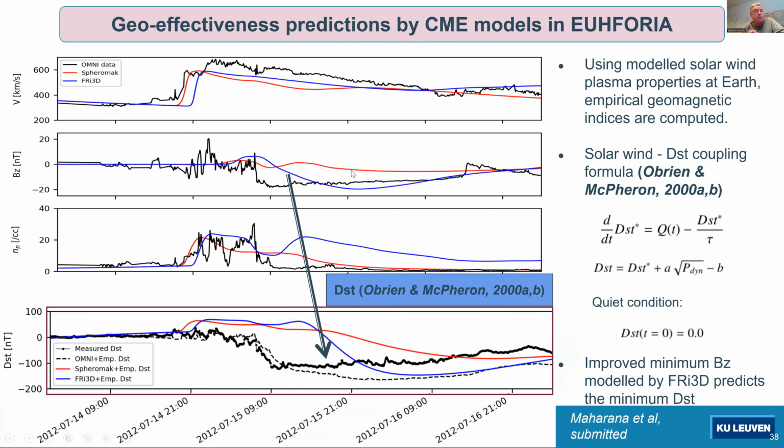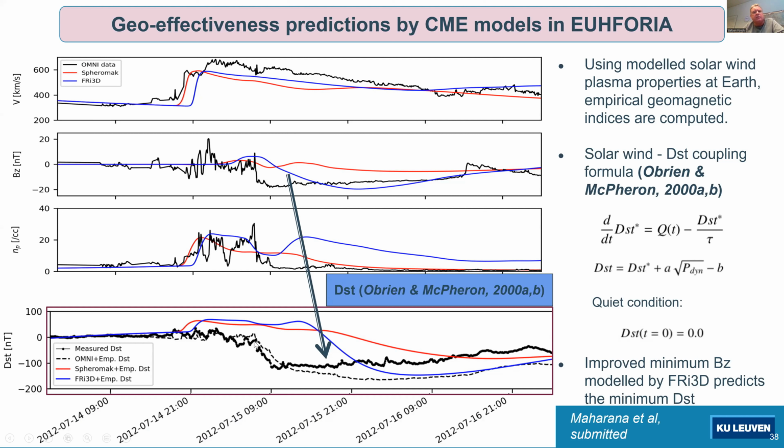This is important to couple the models because, for instance, here, this is also a result from Anmisha, where she coupled EUHFORIA to a Dst model, so for the Dst index, a measure of the geomagnetic impact of the CME, a very simple one, O'Brien and McPherron, replacing the measurements by synthetic data, which I just explained.